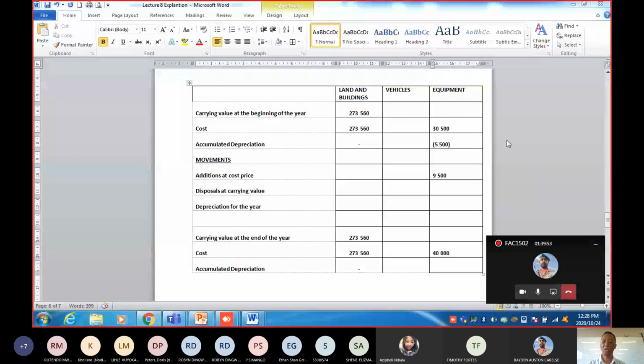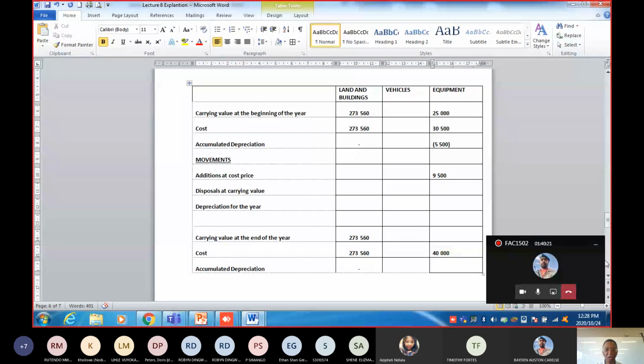So we can now complete the carrying value at the beginning of the year. And the carrying value at the beginning of the year, remember, is now cost minus accumulated depreciation, and that will give you 25,000 rand. Cost price of 30,500 minus 5,500 of accumulated depreciation.